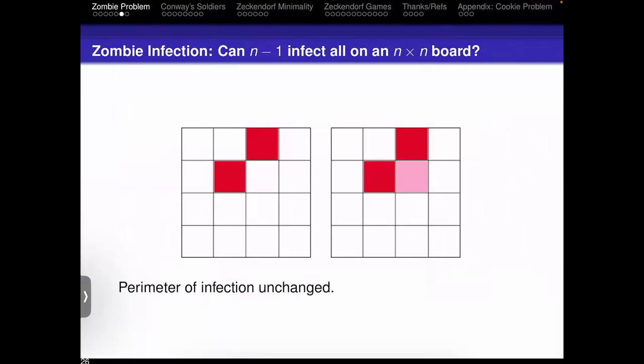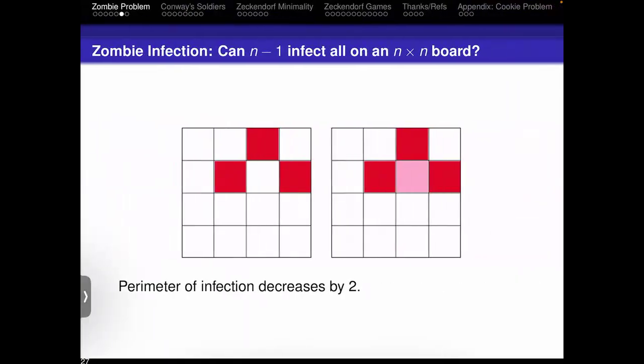How else could I have a cell become infected? I want to look at all possible configurations. I could have more than 2. This is all the ways up to symmetry of having exactly 2 neighbors infected. What should I look at next? 3.